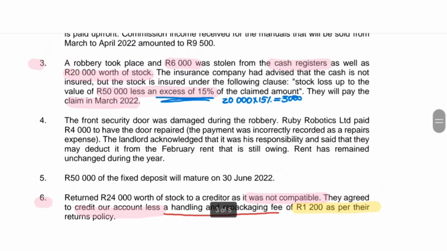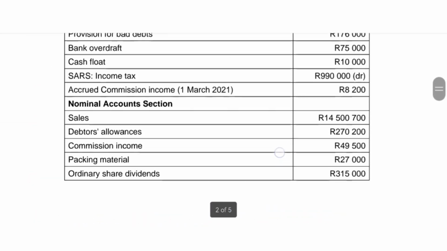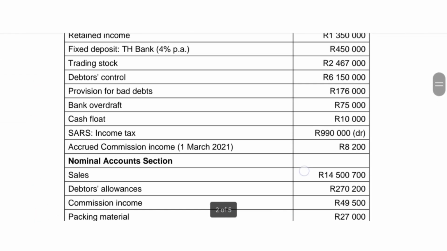If you look at the pre-adjustment trial balance amount, you'll see that there you have trading stock worth 2,467,000 rand, which is obviously different from the one from the physical stock count. Before we start calculating if we have a trading stock deficit or a trading stock surplus, we first need to have a look at all the adjustments that affected stock and adjust this value here that we're seeing on the pre-adjustment trial balance.